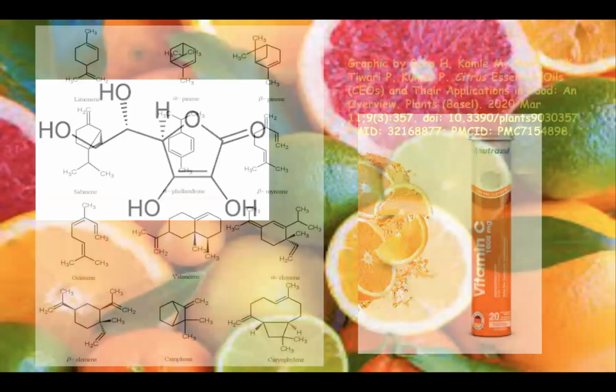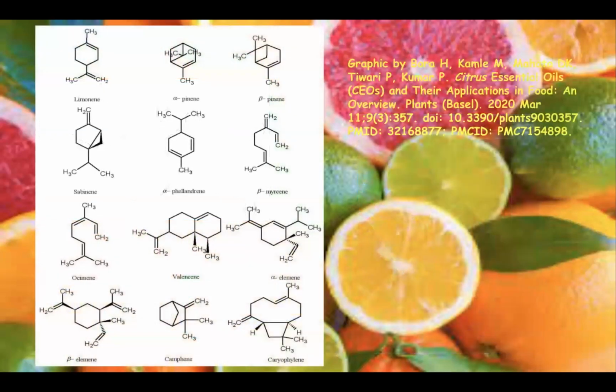Now, all citrus essential oils, which come from the peel and are called CEOs in the botanical world, consist of some major biologically active compounds, and you can see them all here. You're welcome to use these in your Scrabble game.